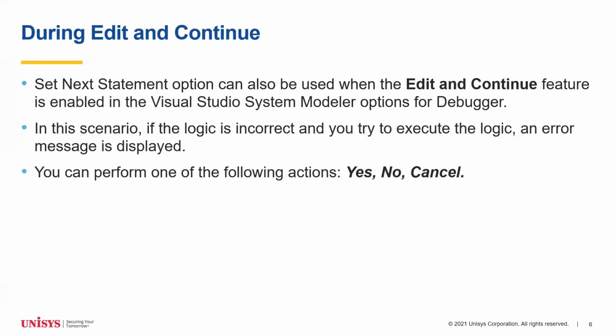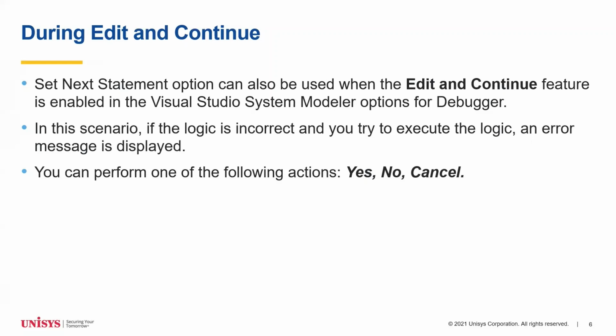The same feature can also be used when the edit and continue feature is enabled in the Visual System Modeler option for debugger. In this scenario, if the user has typed invalid logic and tries to execute the logic, an error message will display.